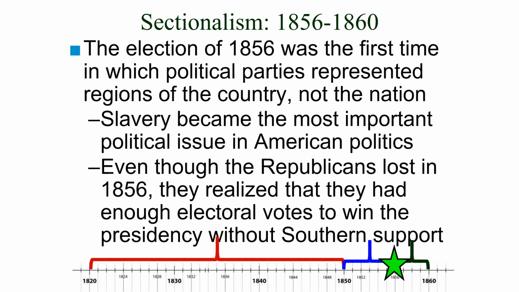And people started voting for the candidate that their region was going to vote for. So, or more specifically, they voted for a candidate that believed the same thing about slavery as them. So, people in the South voted for a pro-slavery candidate, and people in the North voted for an anti-slavery candidate.